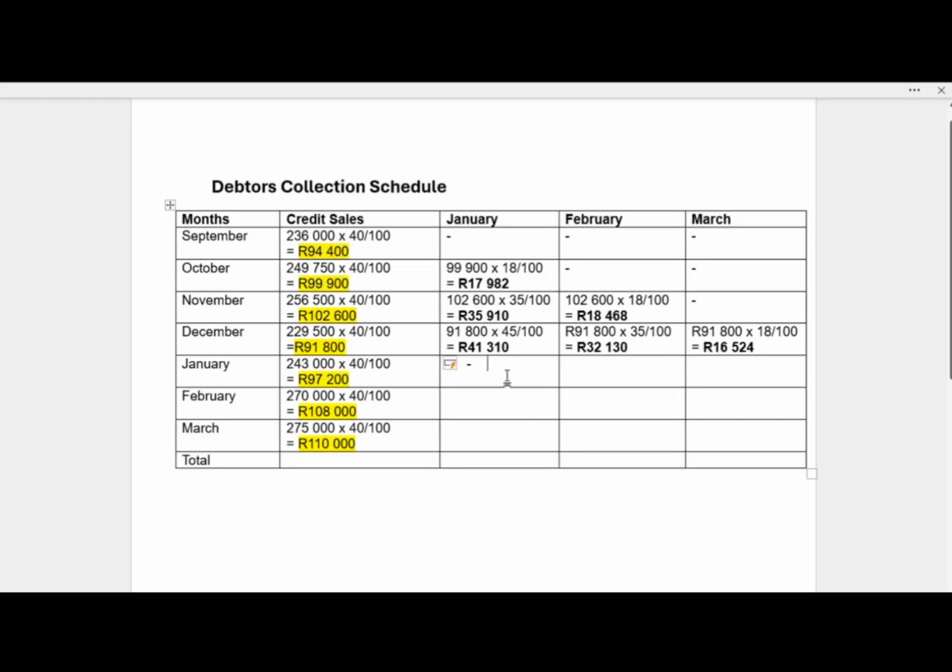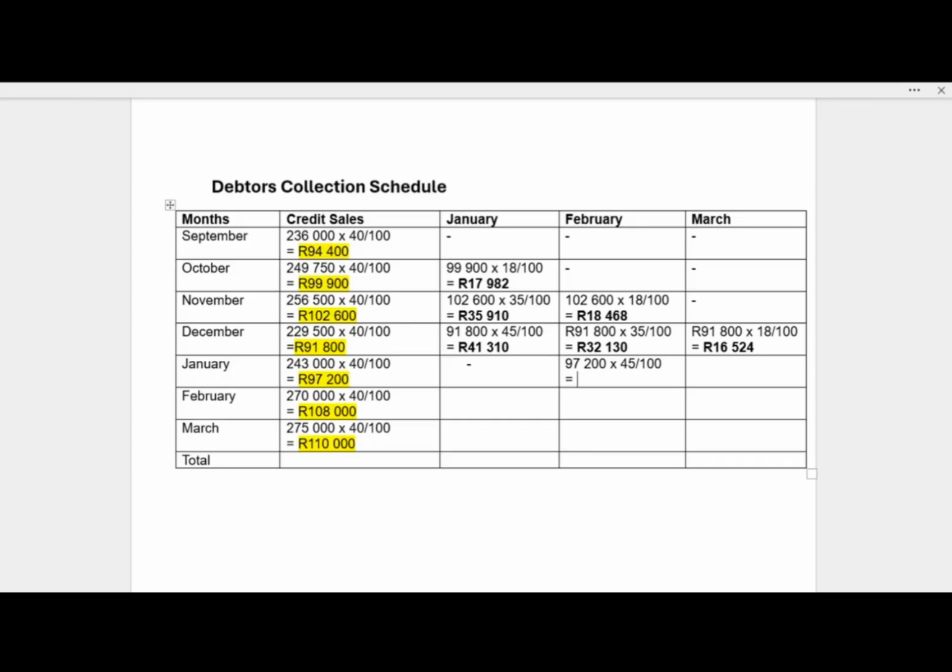All right, so that's why I put a dash on February, and then on January, and then we are going to collect the first percentage, which is 45%, which is the first month after the sale. First month after sale of January is February, which is 45%. So we are going to say 97,200. We multiply by 45 divided by 100. All right. And then how much are you getting right there? Let's see. Accounting is so easy.